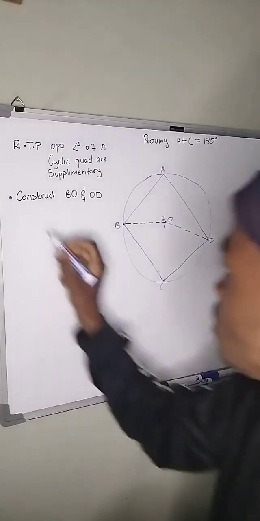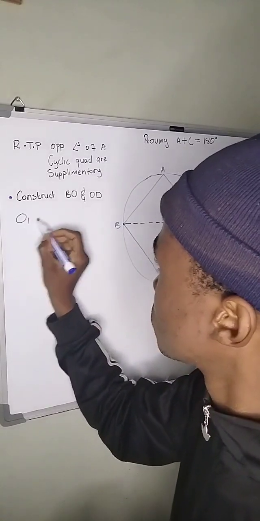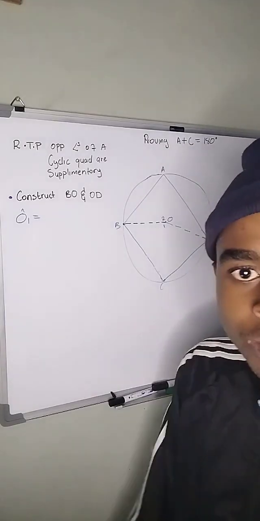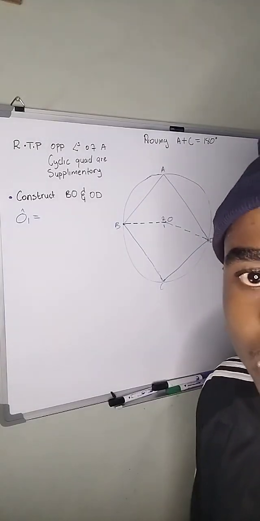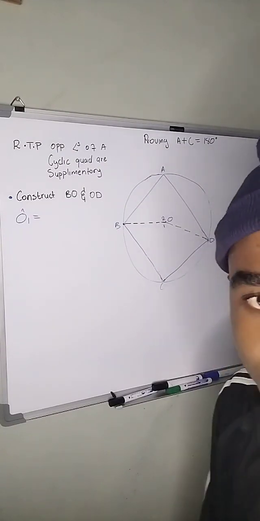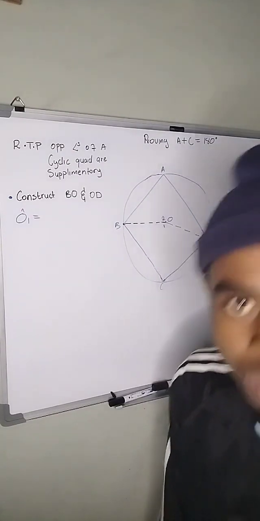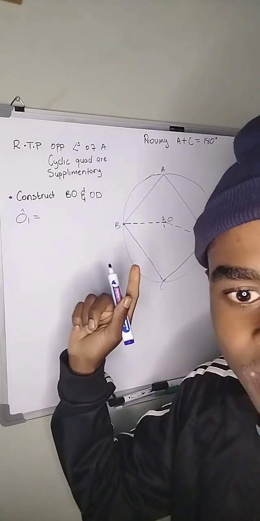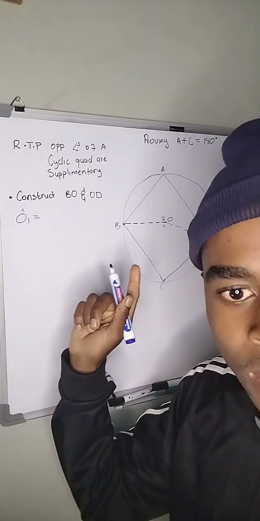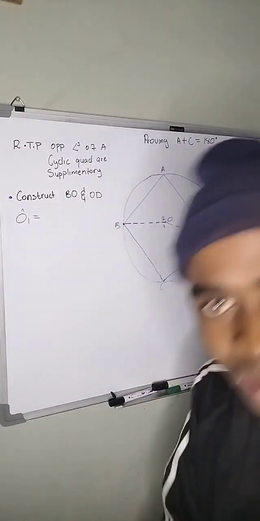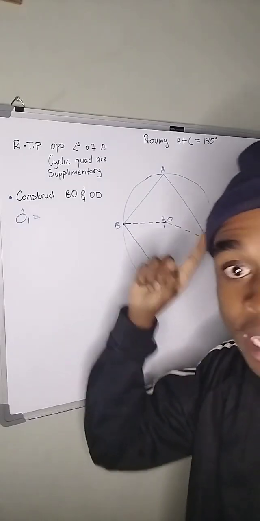So now the first statement that I'm going to write, before anything, I'm going to say angle O1 is going to be equivalent to what? What is my O1 going to be equivalent to? Yes, it's going to be 2A. 2A, guys.